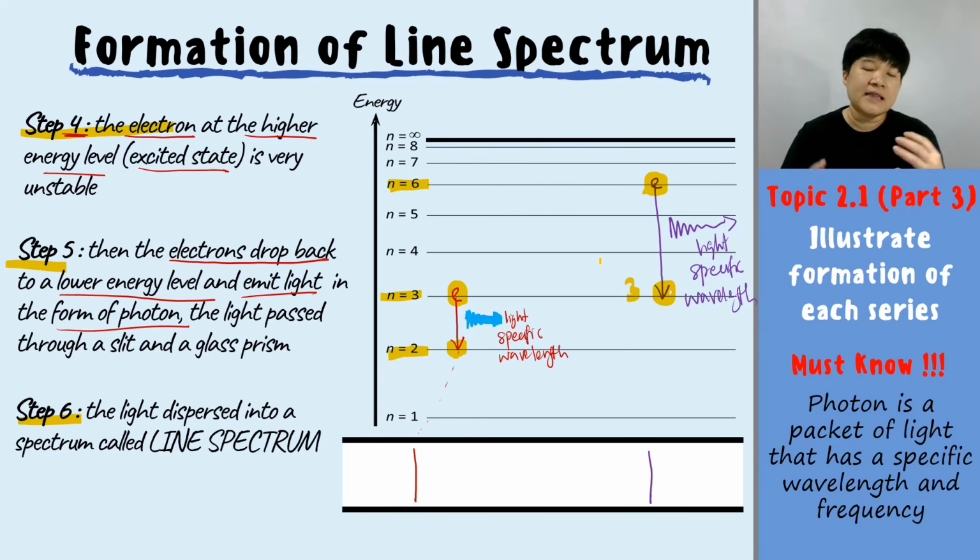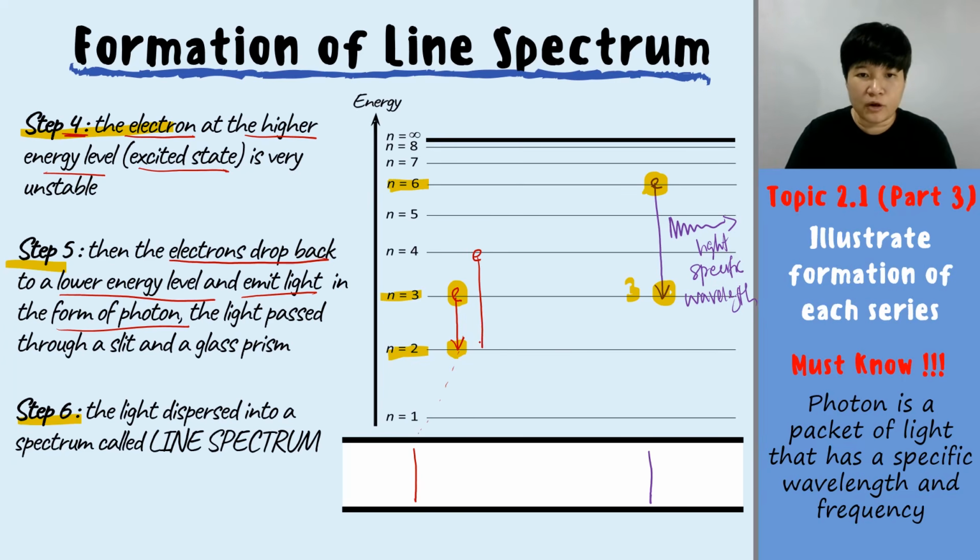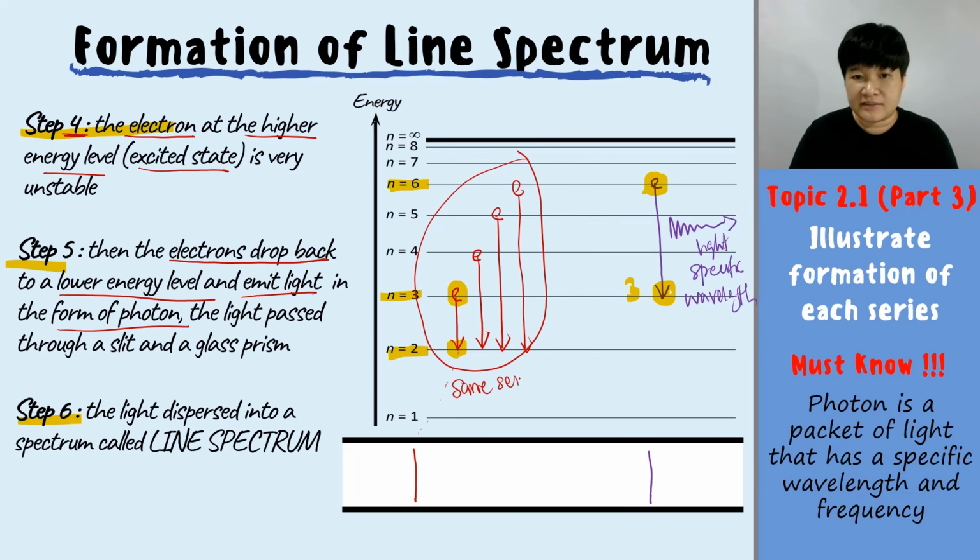The formation of every series depends on which energy level the electron drops to. If all the electrons drop to n equals 2, no matter from where, this group of transitions will be located in the same series.